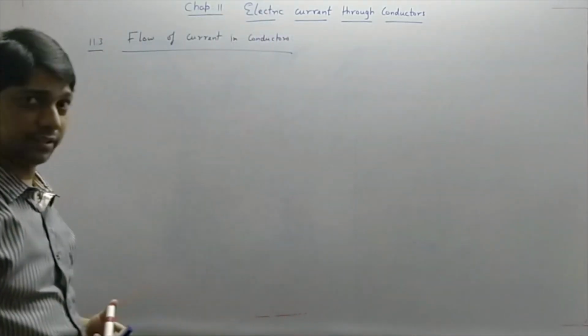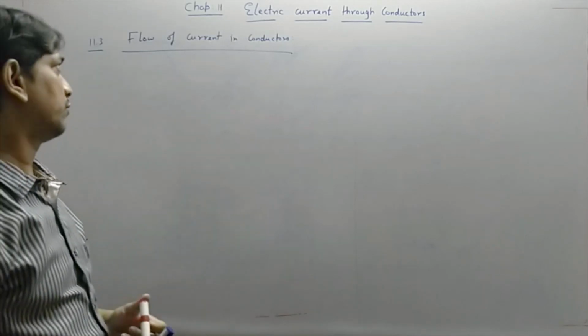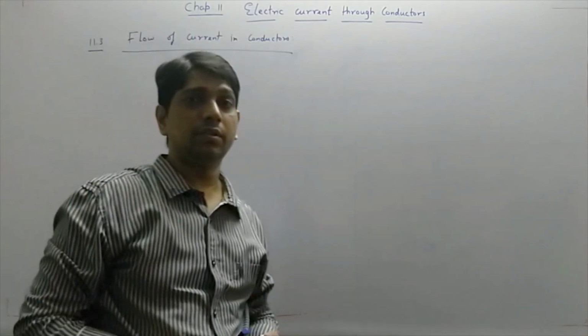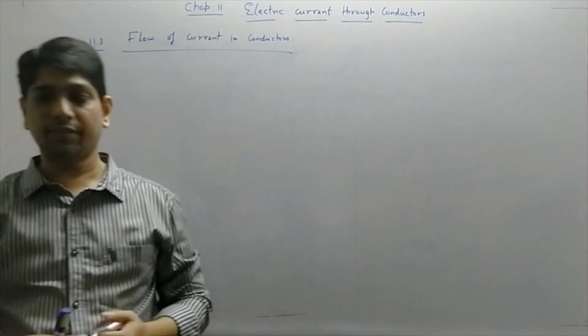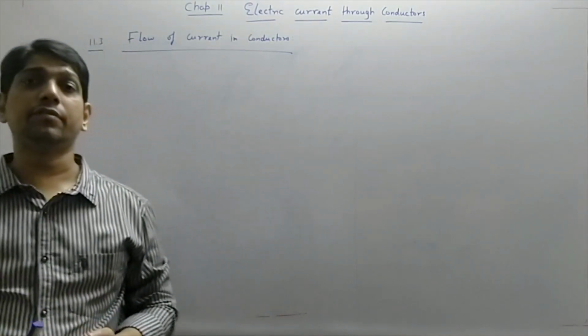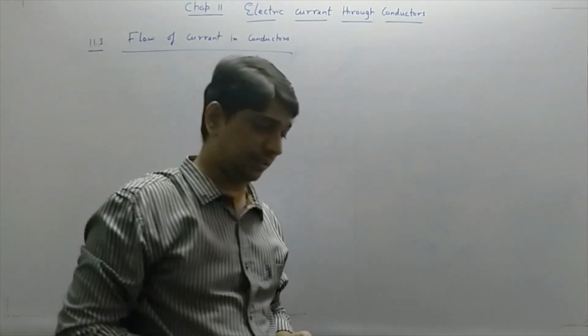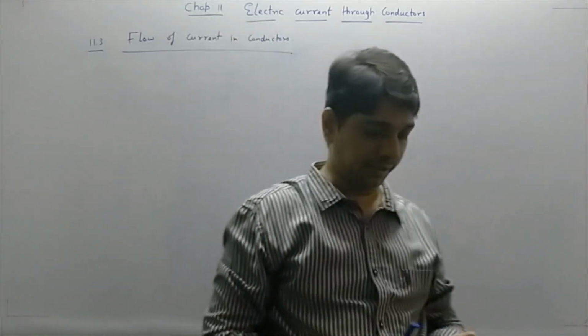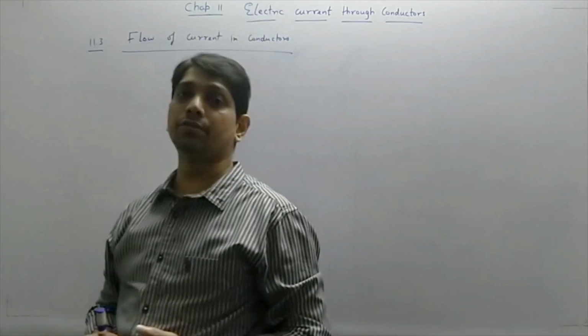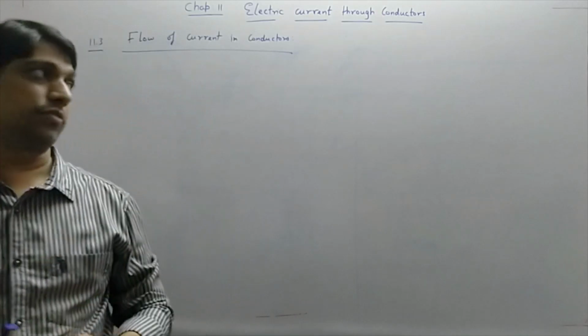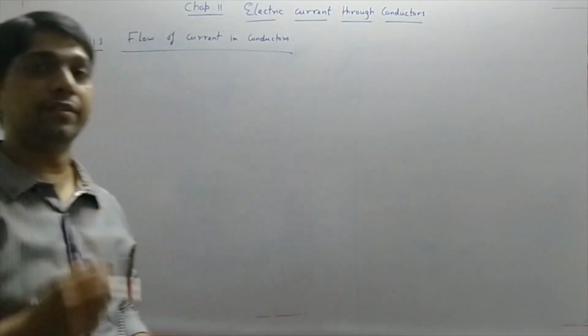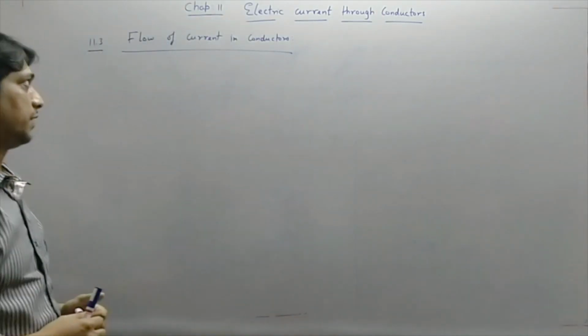Also in an electrolyte, like a liquid, the flow of current is due to positively charged ions and negatively charged ions. But you should know the flow of current in conductors, that is metals, is basically due to the flow of electrons. So it is basically due to negatively charged particles.